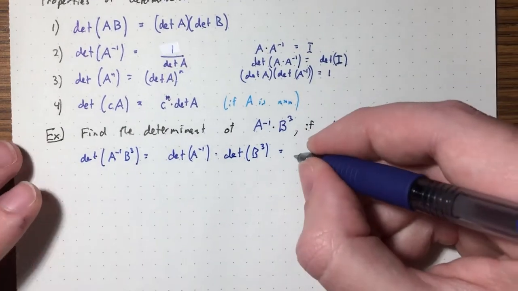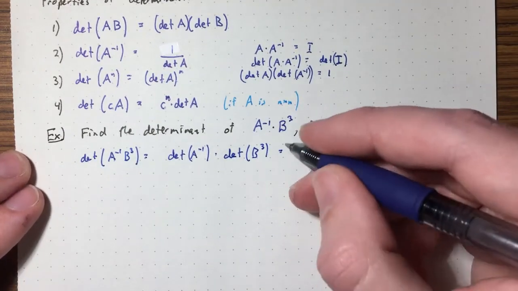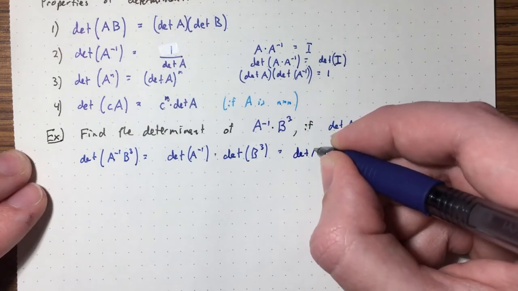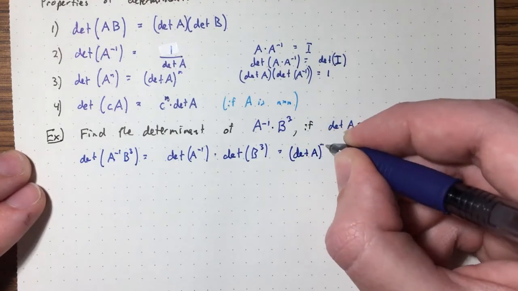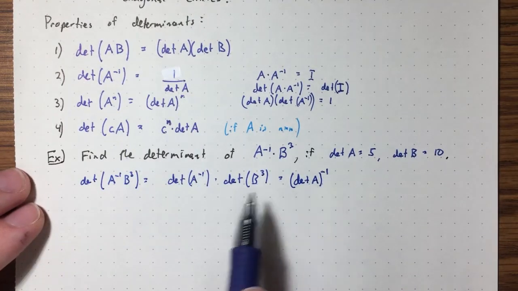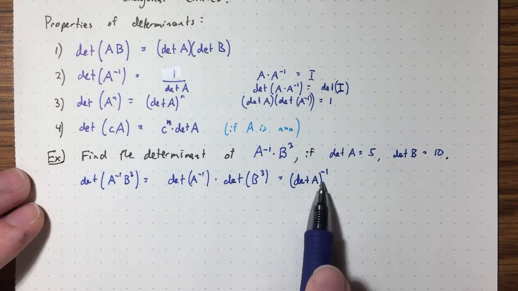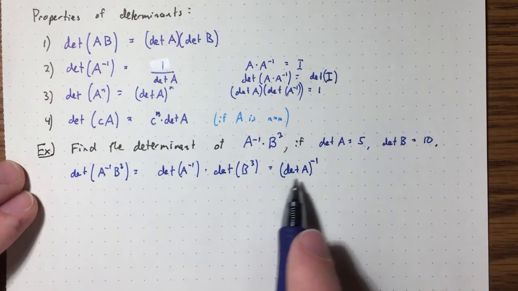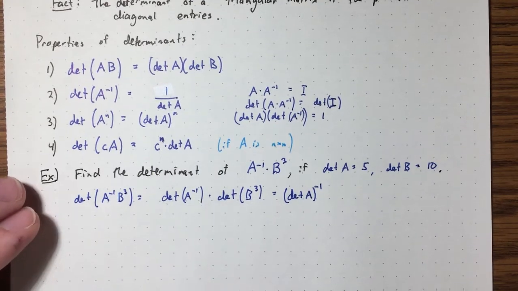But the determinant of A inverse is 1 over the determinant of A. A clever way to write that is det A to the minus 1, because this is a reciprocal of the determinant of A. This minus 1 in this case means reciprocal, whereas that minus 1 means inverse.